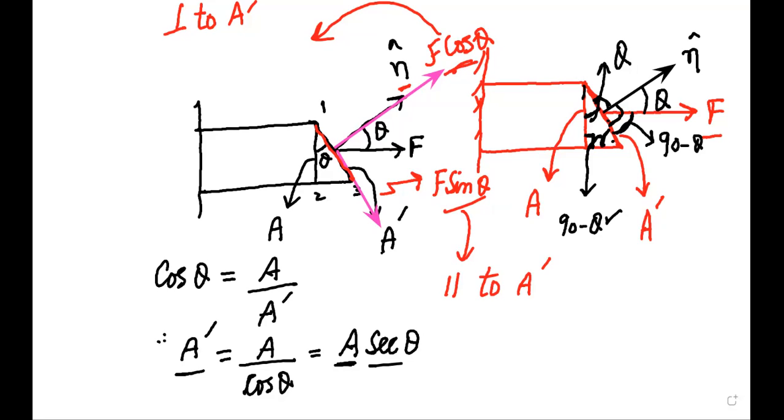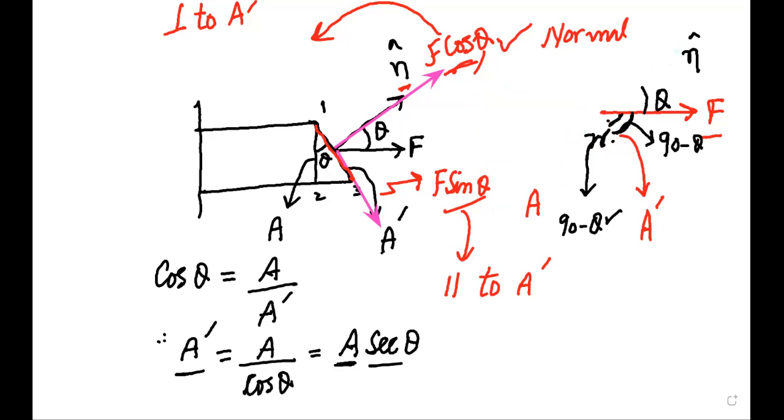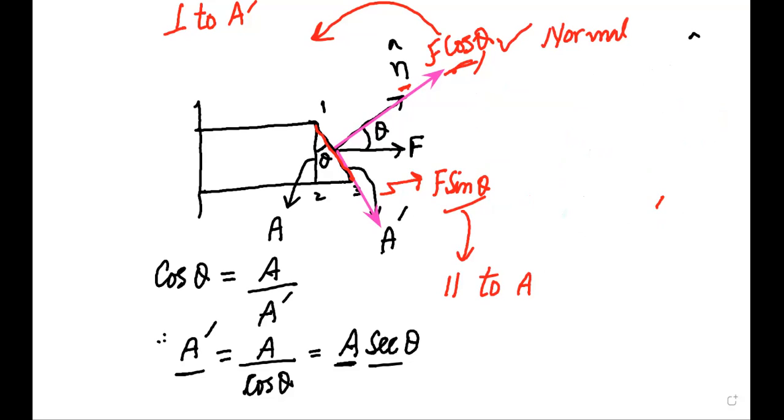And I said previously, when the force and the area vector are in the same direction, then the stress created is a normal stress. Therefore, this F cos theta creates normal stress. Let me clear some space first. We can write this as sigma.